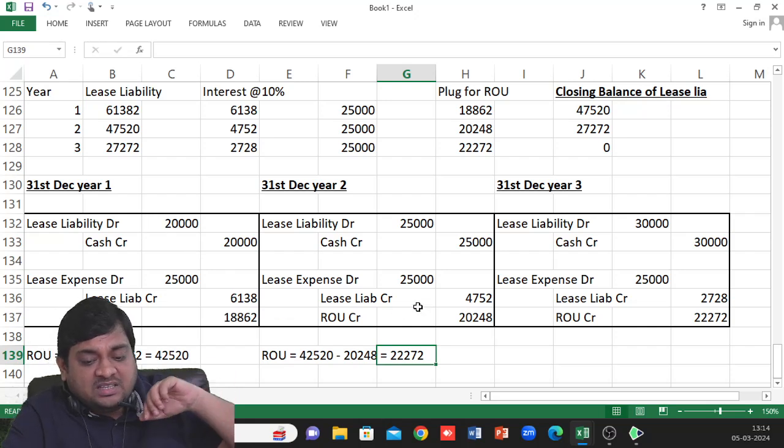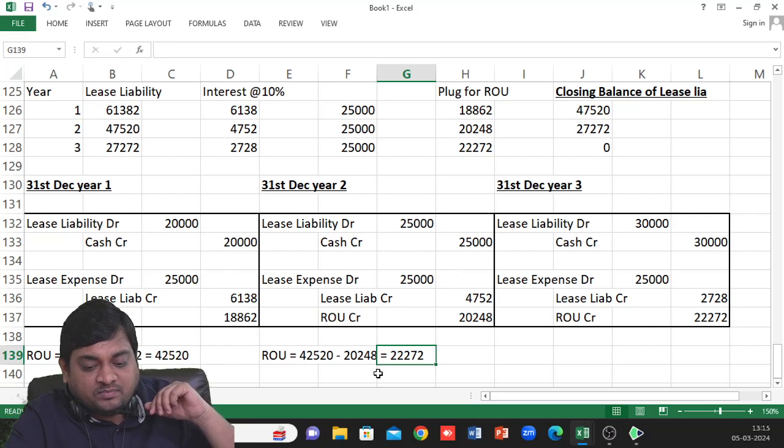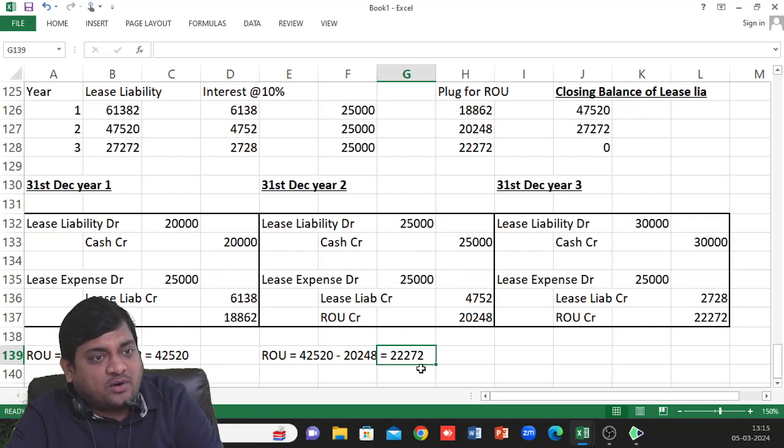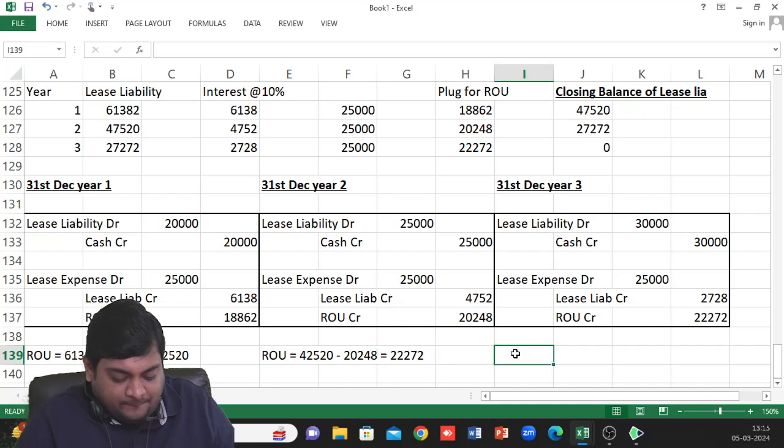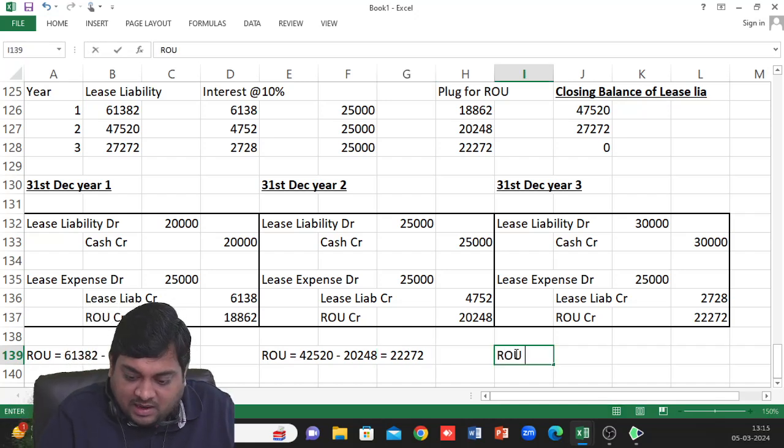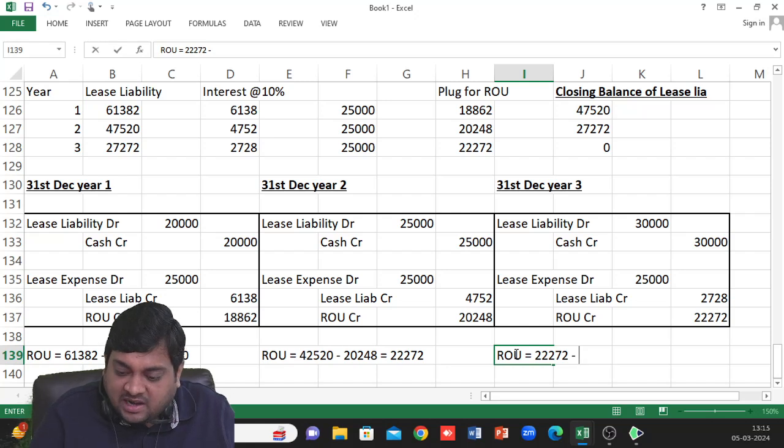There is no difference in the second year because in the second year it is 25. The difference of the first year is still carried forward. And last year it is 22,272 minus write off 22,272. So that is 0.